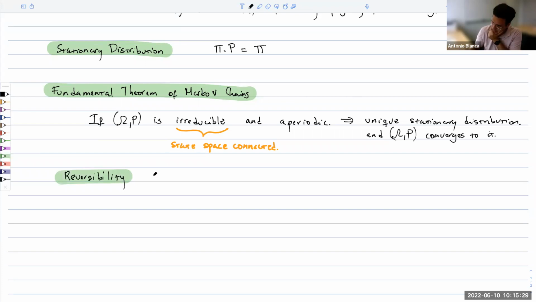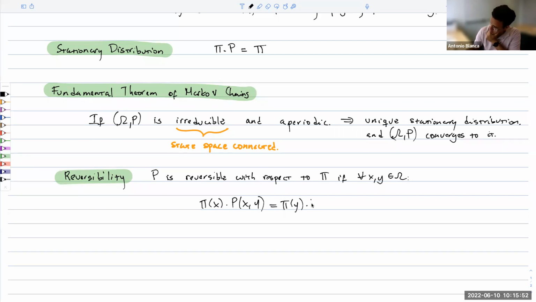So we say that P is reversible with respect to a distribution pi if for every pair of states we have this condition. This is sometimes called the detailed balance condition. Maybe you heard this.